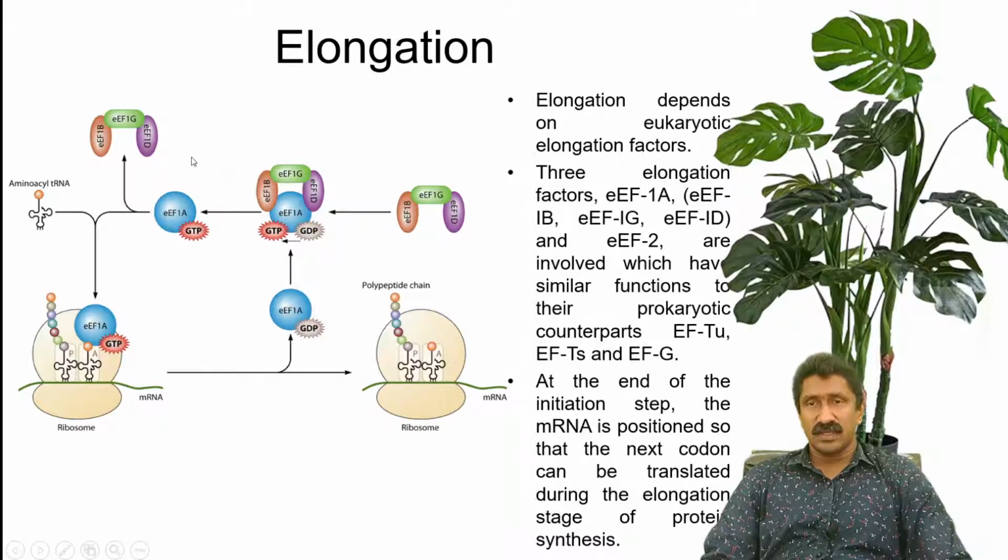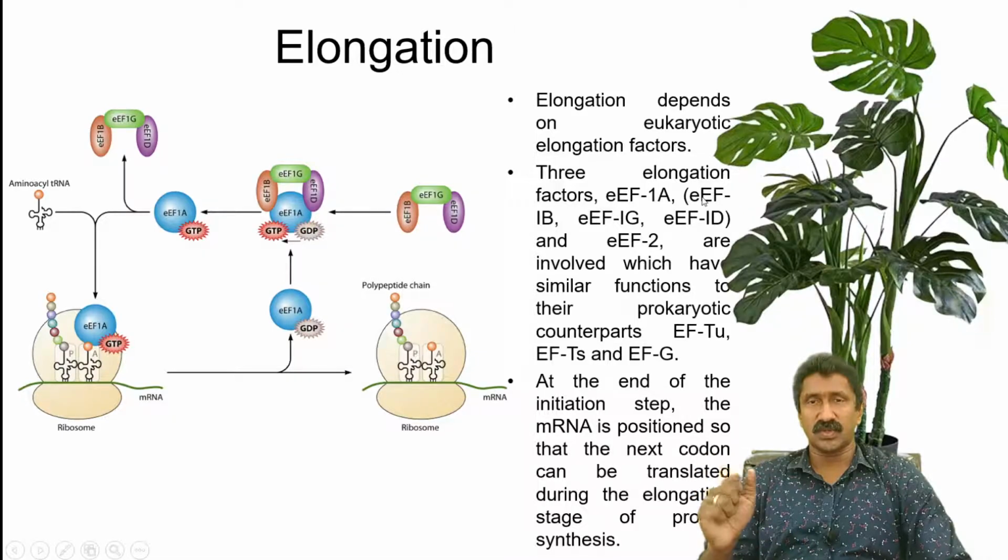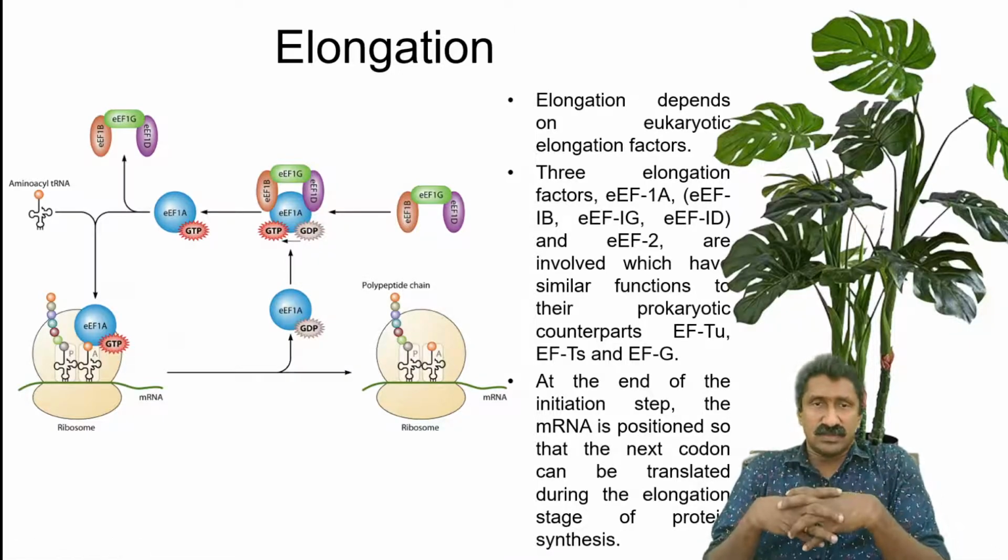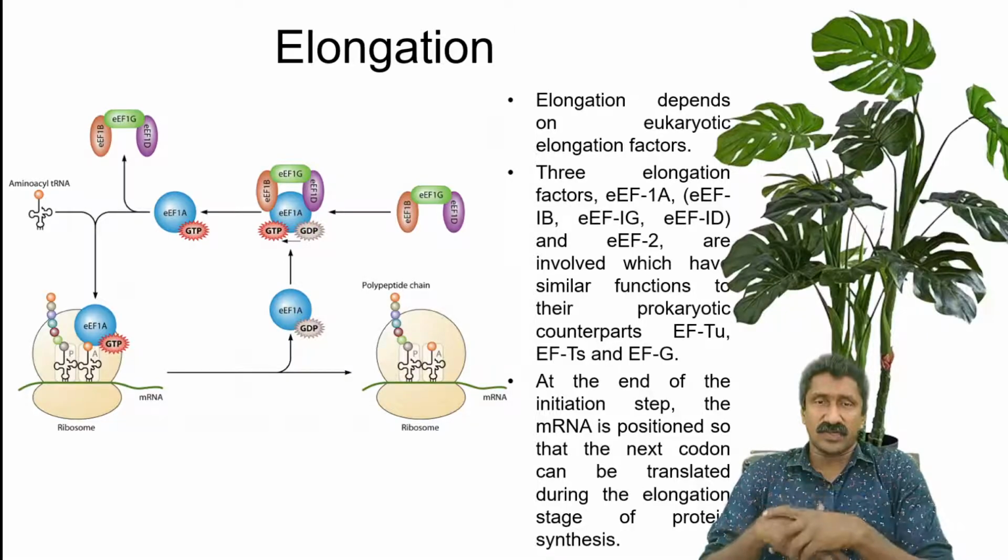Now, eukaryotic elongation factor 1A is represented here, this is the 1A, and this is the 1B complex: 1B, 1G, 1D, the 3 proteins given in the brackets here. That is a 3-subunit complex, and that complex will have the same function, or it will be a counterpart of elongation factor TS in prokaryotes.